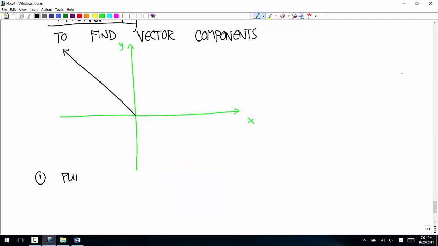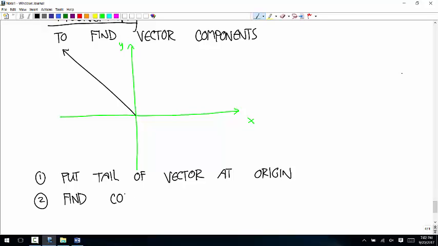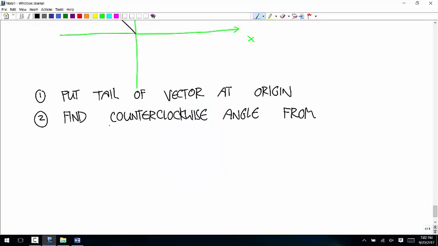And then second, find the counterclockwise angle from the positive x-axis to the vector.